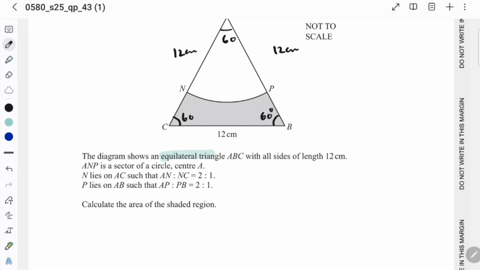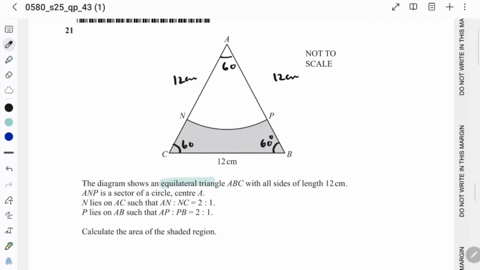AP is a sector with center A, and N lies on AC such that AN to NC is 2 to 1, and AP to PB is 2 to 1. So we need to find out the radius of the sector first, then we can easily calculate.